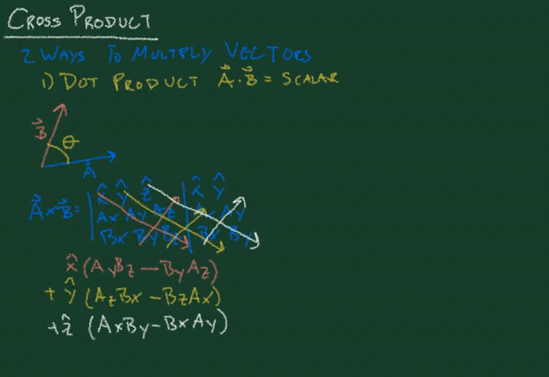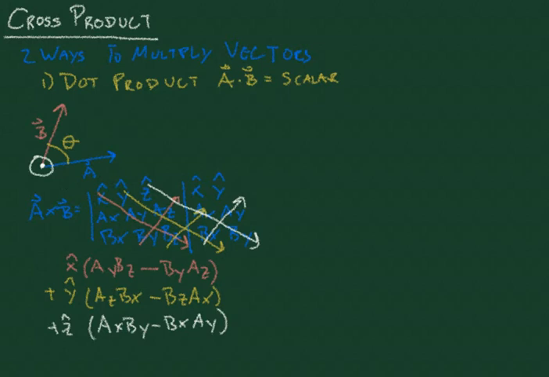So what's the direction? Well, in this case, we have A and B in a plane. So the direction of the vector that we get out of this is going to be coming out of the screen. So it's going to be perpendicular to A and B, and coming out of the screen. So I draw this dot and the circle around it, kind of like an arrow coming toward us.